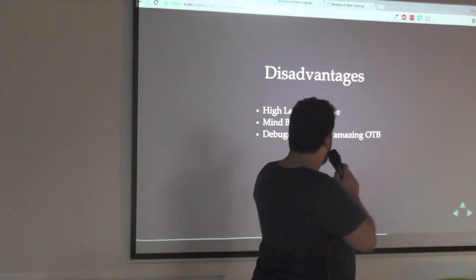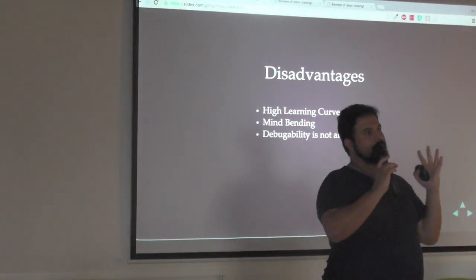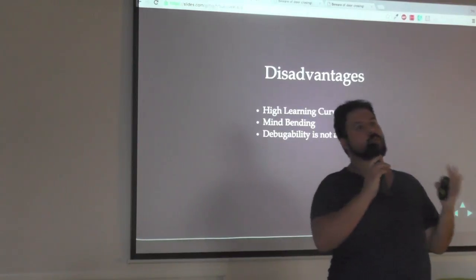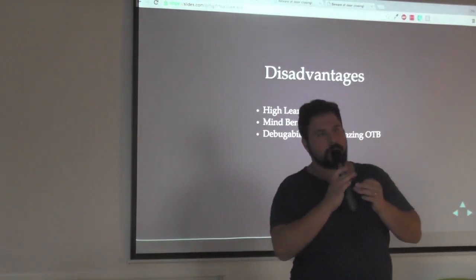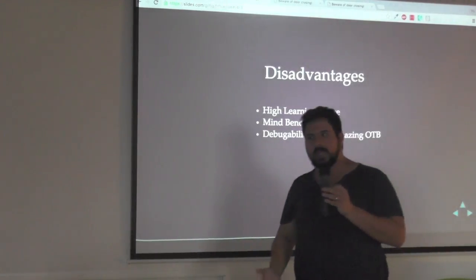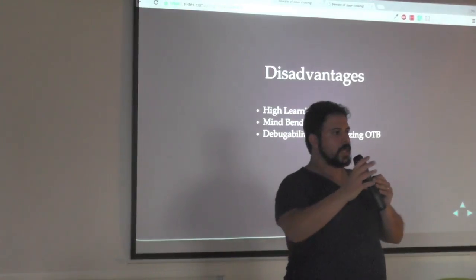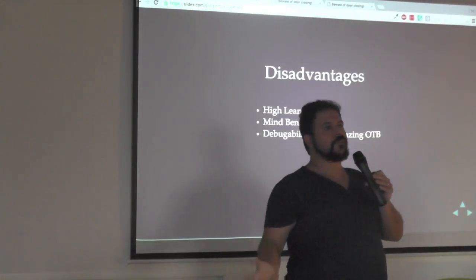So, the disadvantage is high learning curve. It's a mind bender because you need to think in a different way. Instead of thinking in an imperative way, which is do A, do B, do C, and so on, you're starting to think in flows, in data flows. Because time is not a factor here.